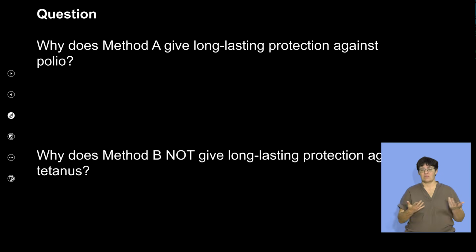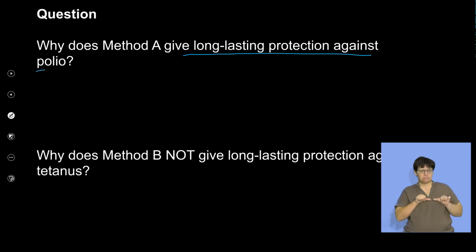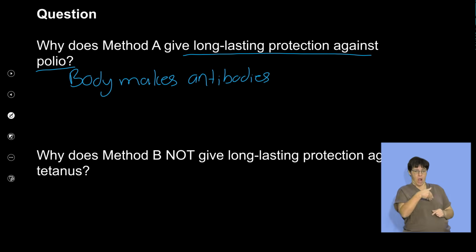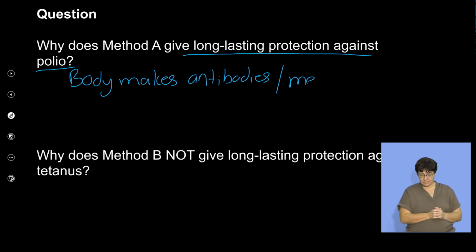Why does method A give long-lasting protection against polio? Guys, it's because our body makes the antibodies and we keep them in the memory. We don't destroy them, we don't get rid of them.